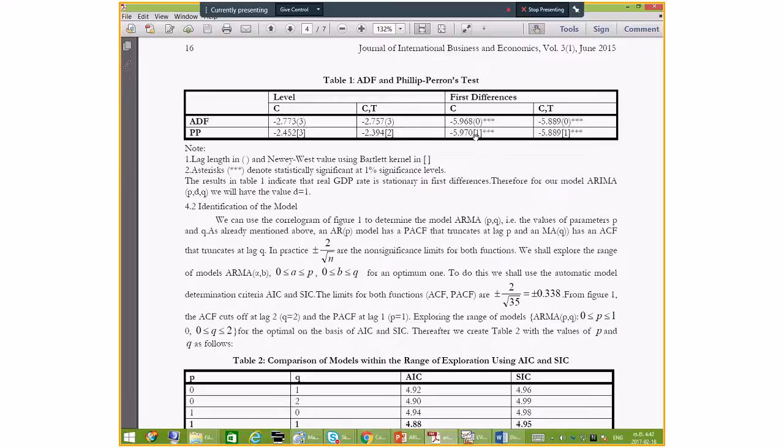Then the second step is identification of the model. We need to identify what our model is.